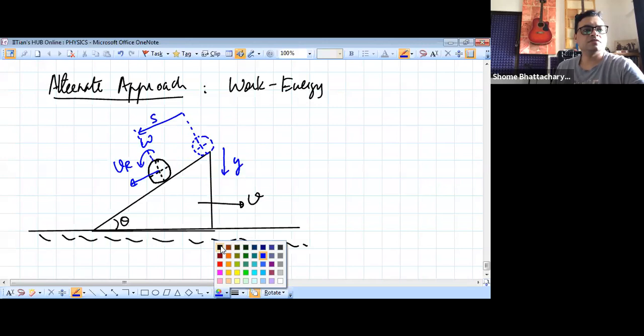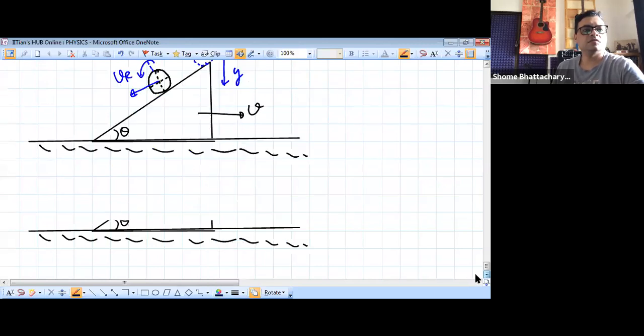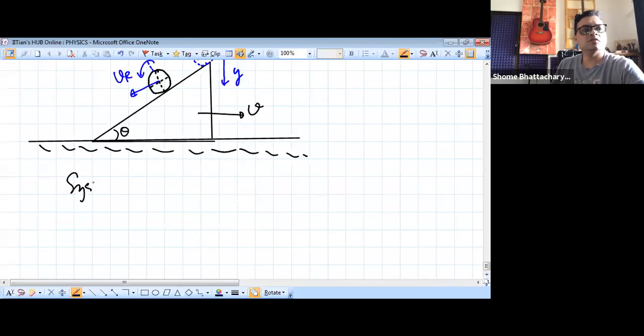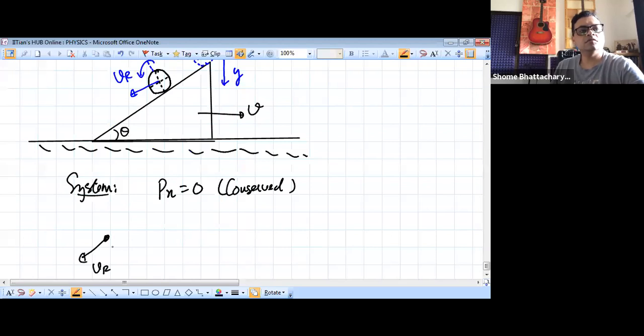So we have, for the system, horizontal momentum is conserved and equal to 0. So we have again V relative, V, theta.